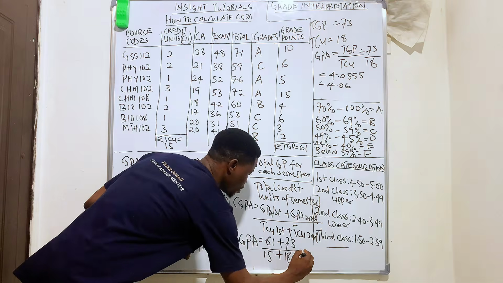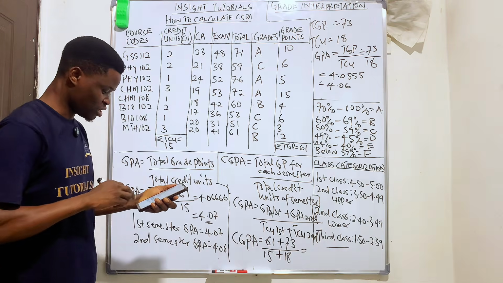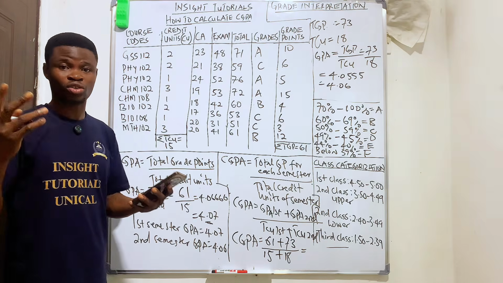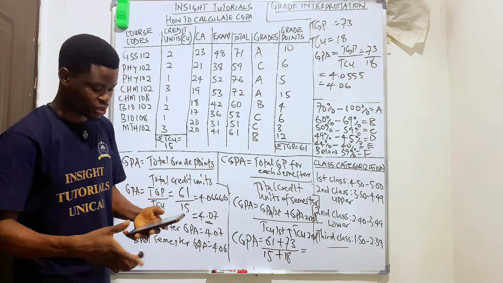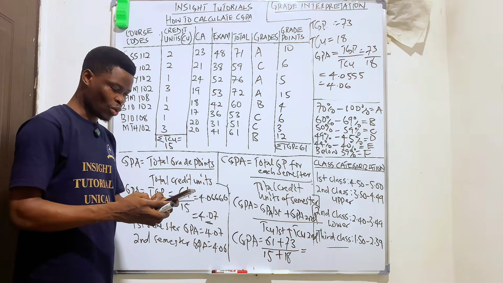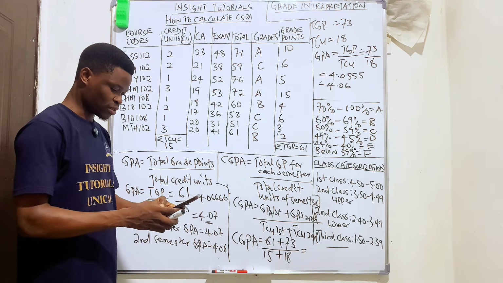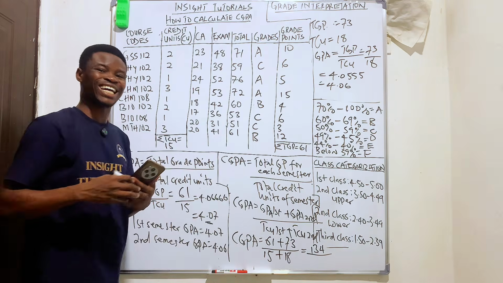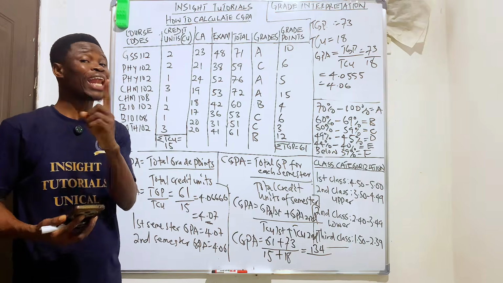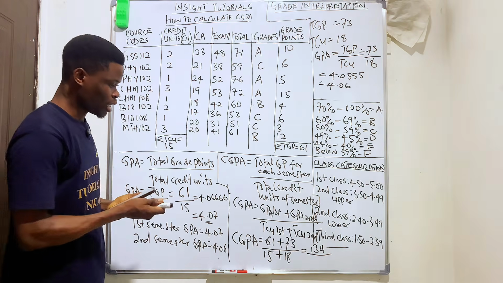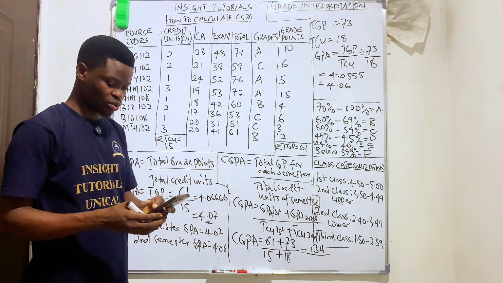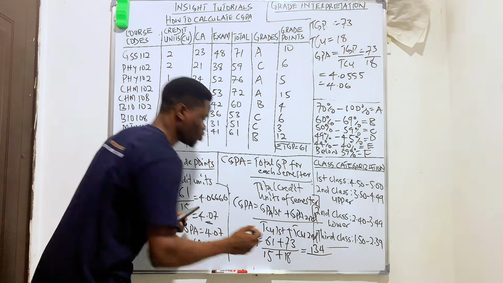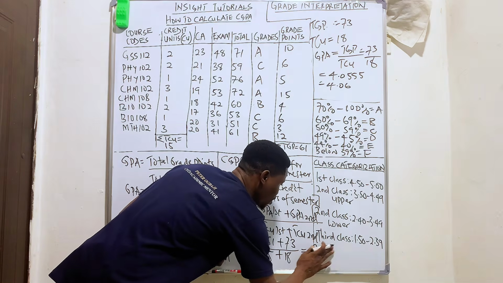Now we're going to sum this up to get the CGPA of this student for one level, which comprises 2 semesters, first semester and second semester. So we're going to have 61 plus 73, the total grade point of this student for one level, which is 2 semesters, right? And let's look at the total credit unit the student took for those 2 semesters. That's 15 plus 18, so the student had a total of 33 credit units.